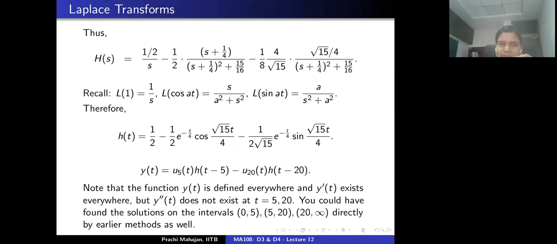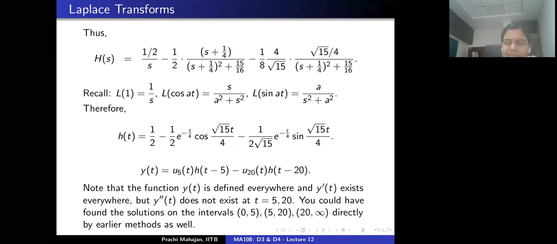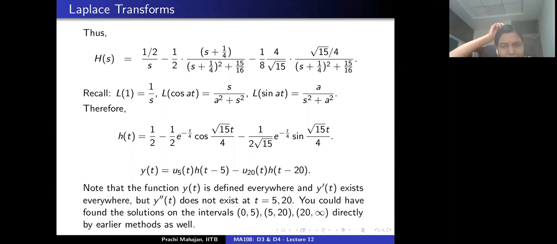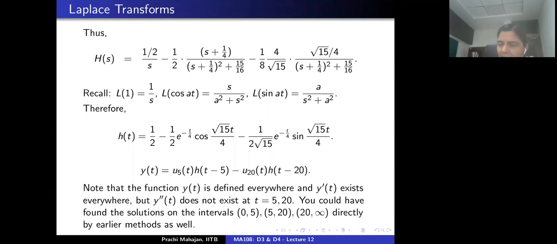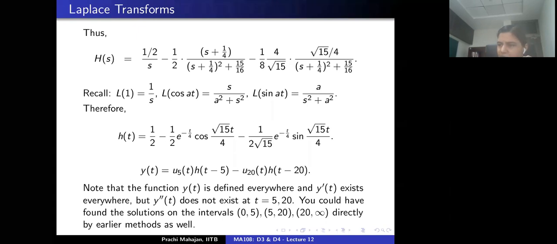Please note that the function y, which is the solution of the given initial value problem, is defined everywhere. In fact, the derivative of this function also exists everywhere. But if you look at the second derivative, u5 and u20 are step functions. The second derivative does not exist at t equal to 5 and t equal to 20.